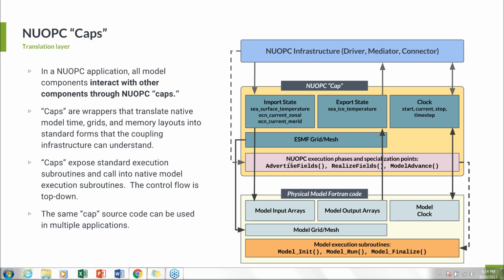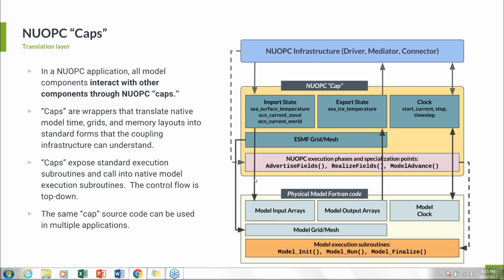And even the way that you're initializing the model and advancing the model are represented in the cap with different subroutines. Once we have all of that at the cap level, as well as the clock, we can plug that cap into a driver and other parts of NUOPC infrastructure. The control flows top down in this case. So there will be a call into the cap. Eventually the cap will call down into your model code.